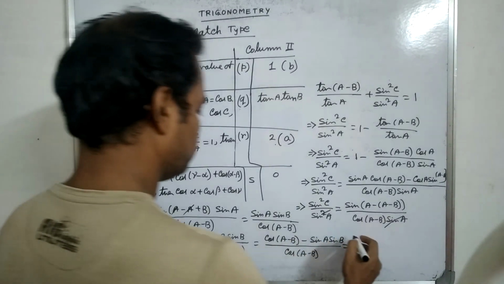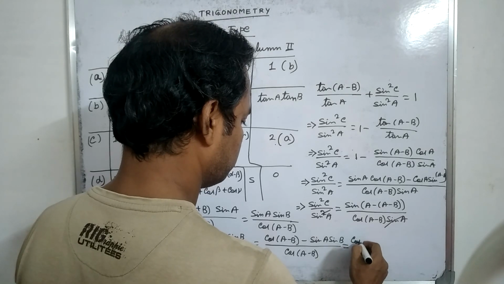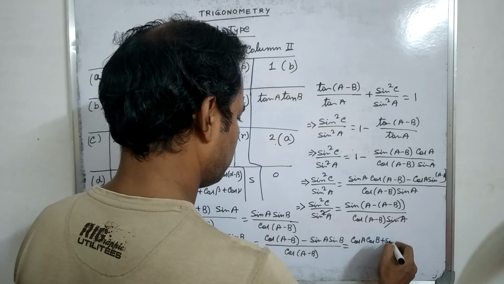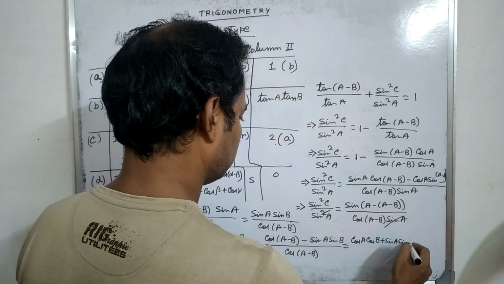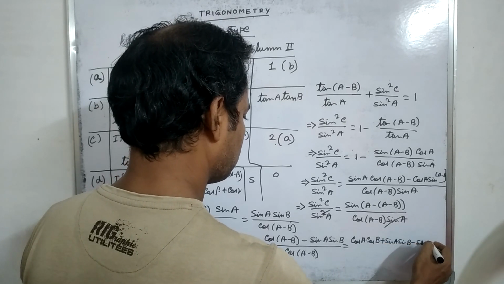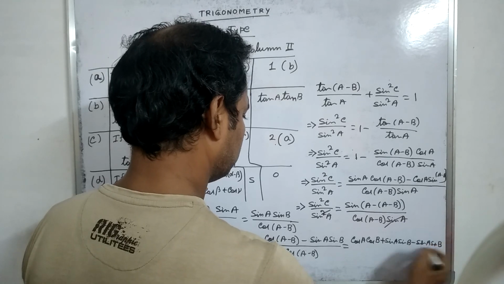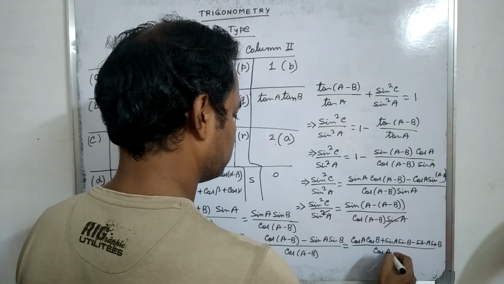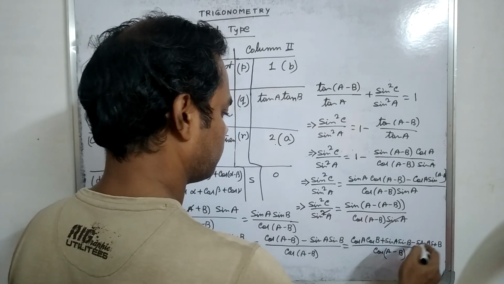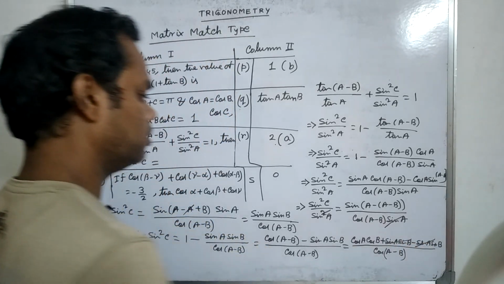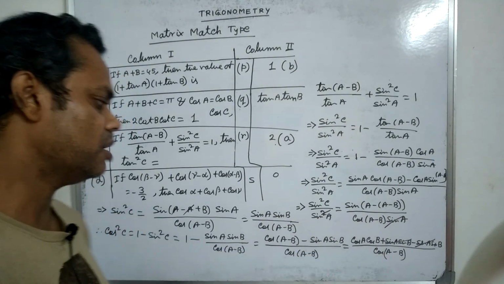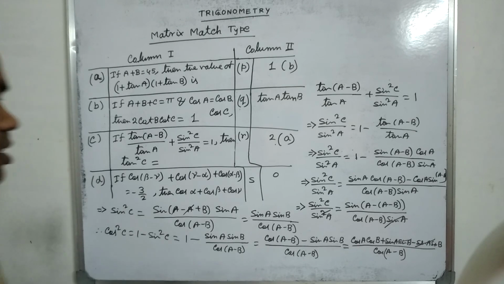Cos (A minus B) is cos A cos B plus sin A sin B, minus sin A sin B. These two cancel each other. So cos square C is cos A cos B by cos (A minus B). Sin square C is sin A sin B by cos (A minus B).